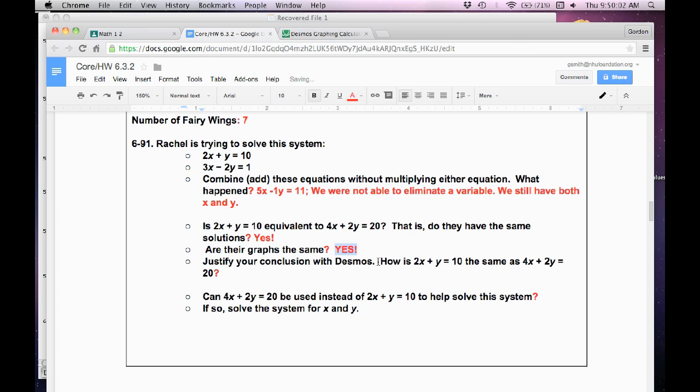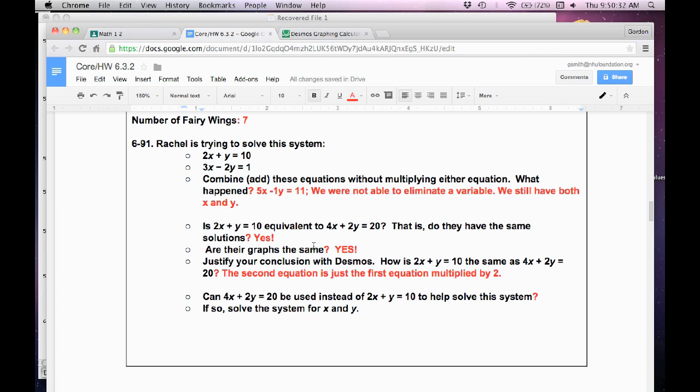So justify the conclusion with Desmos, we did. How is 2x plus y equals 10 the same as 4x plus 2y equals 20? Well, simply the second equation is the first equation multiplied by 2.